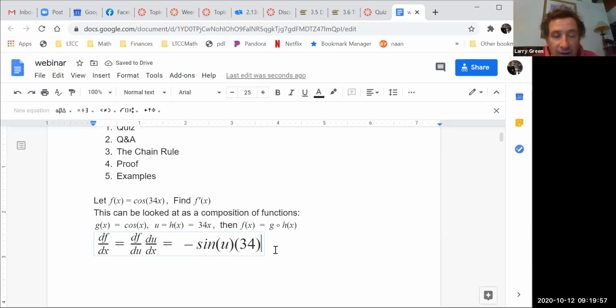Any questions so far? Okay, now we can just clean it up. That is negative the sine, and now u is 34x, times 34. And to clean it up a bit, which I think is worth doing, that's equal to negative 34 times the sine of 34x.